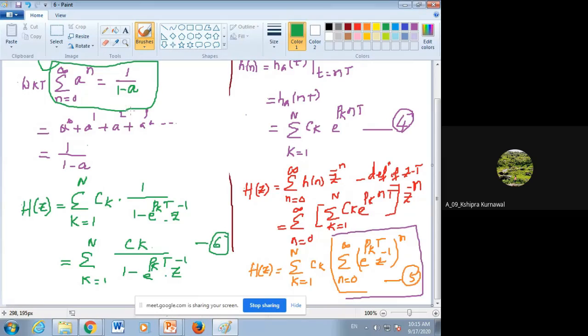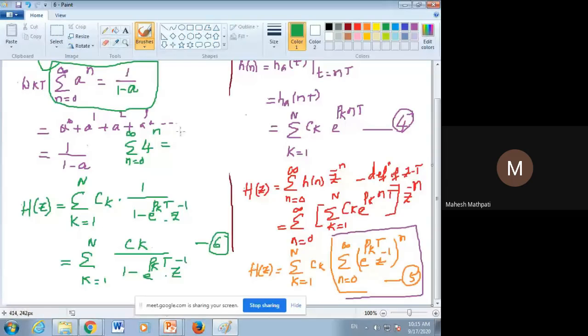No sir. Suppose we have, like, summation n equals 0 to infinity, and a equals 4 to the power n. How will you solve this? Here the value of a is 4.